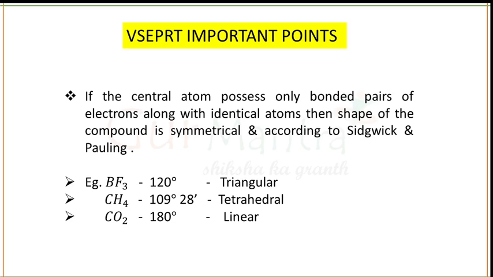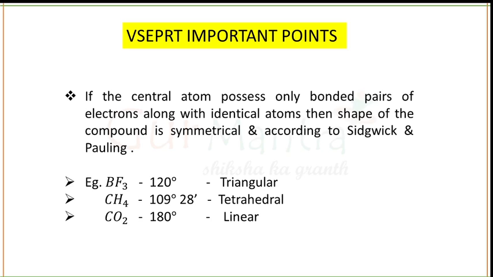Now, important points of VSEPR theory: if the central atom has only bonded pairs of electrons and no lone pairs, with identical atoms, then the shape of the compound will be symmetrical, according to the scientists Sidgwick and Pauling.